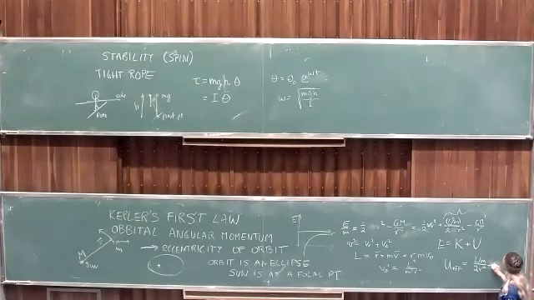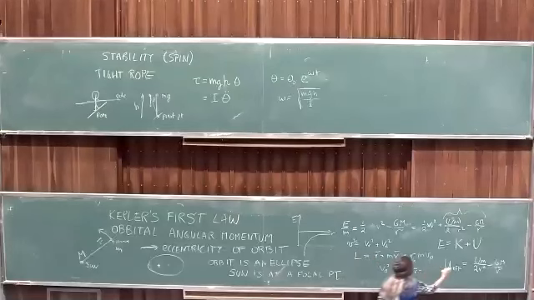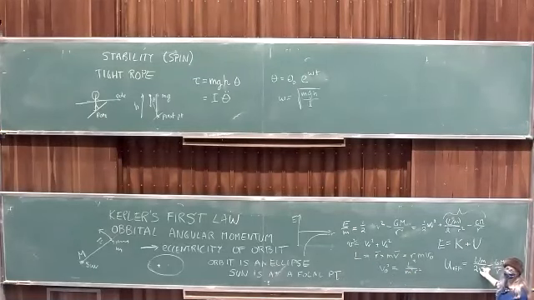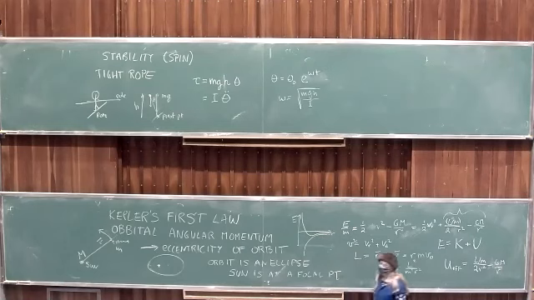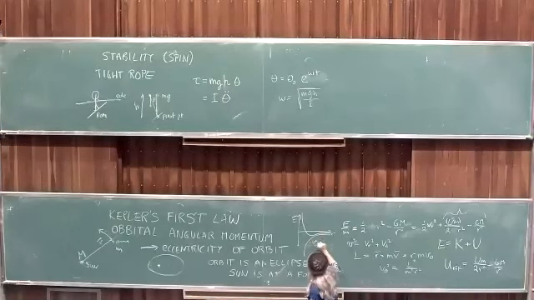Minus G M over r, let's just put G M over r. And what's that look like? Well, it's positive, and if r is small, it goes to plus infinity. So if I draw it, it looks like that. So this is U, which is minus G M over r.